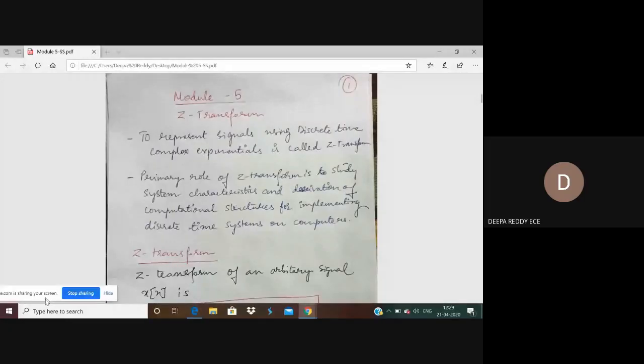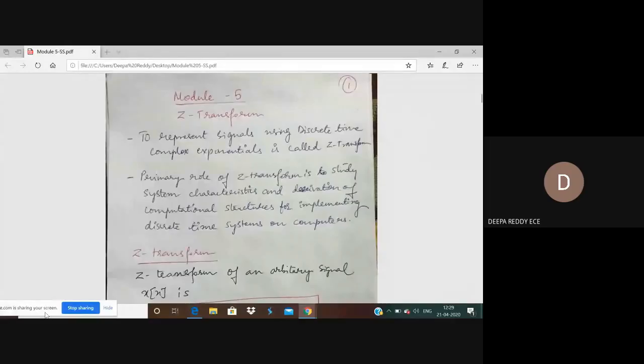So the next module is on Z transform, module 5. In this module, we are going to represent signals using discrete time complex exponentials. In Z transform, we will be talking about discrete time signals as x of n, y of n, etc. Not x of t, y of t, no continuous time signals.